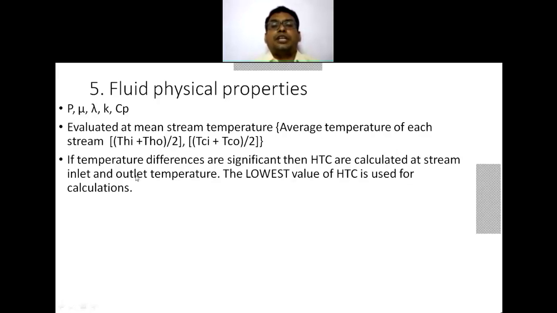Now if the temperature differences are significant, then the heat transfer coefficients are calculated at the stream inlet temperature and the outlet temperature, and whatever the lowest value of the heat transfer coefficient is, that is used for calculations.